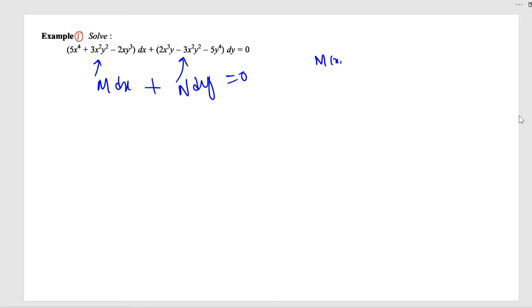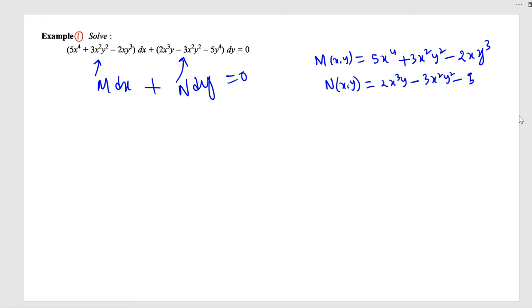So M of x comma y equals 5x to the power 4 plus 3x square y square minus 2x y cube, and N of x comma y is 2x cube y, this is minus 3x square y square minus 5y to the power 4.